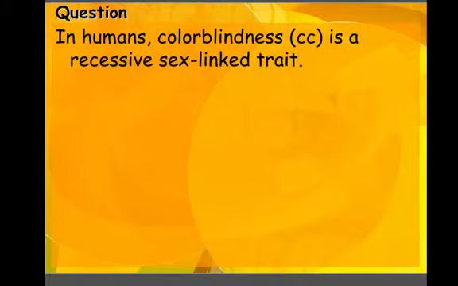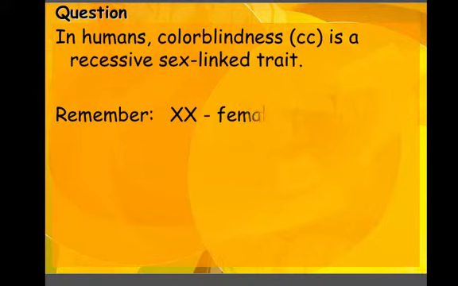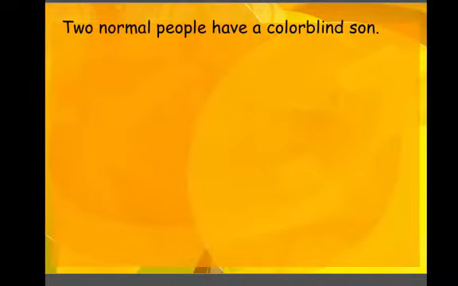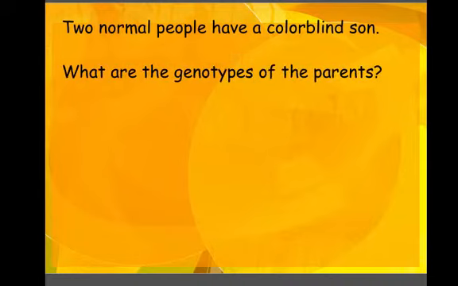So question: in humans, color blindness, two little c's, which means it's recessive, is sex-linked. Remember that a female has two X chromosomes and that a male has an X and a Y. Two normal people have a colorblind son. What are the genotypes of the parents?